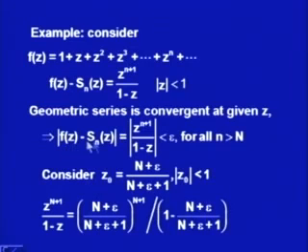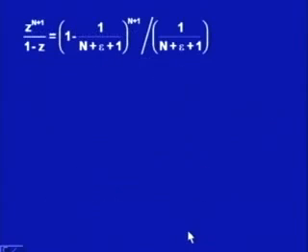Now, we consider z_0 as a slightly different point, (n + epsilon)/(n + epsilon + 1). We can notice that z_0 is still less than 1, but for this z_0, if you simplify the expression for z^{n+1}/(1 - z), it comes out to be this, and further simplification yields this.